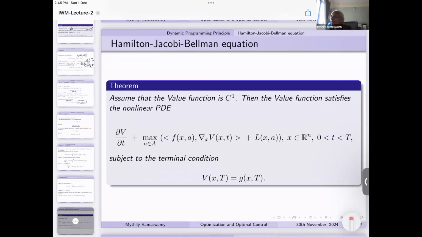If you assume the value function is C1, then it satisfies the nonlinear partial differential equation: dV by dt plus the maximum of two parts, the dynamics F in an inner product with the gradient of V, which is the partial derivative of V with respect to x in Rn, plus L, the running cost, where this is optimized over the control set A, for 0 less than t less than capital T, and subject to the terminal condition V of x, T equal to g. So we started with an ODE, but we ended up with a PDE.